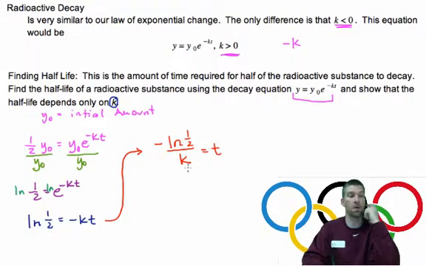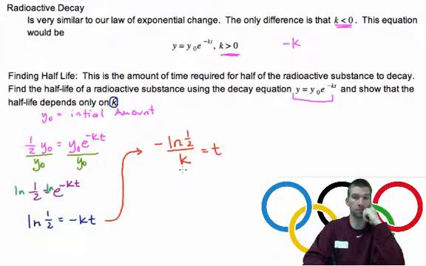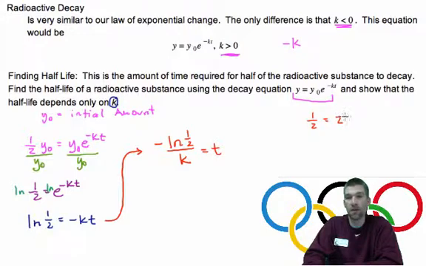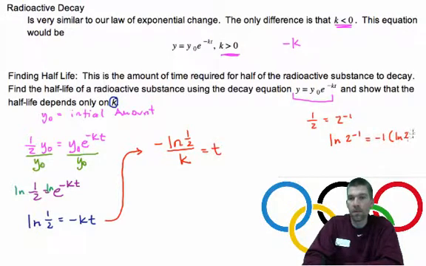That looks cool and all, but there's one more step. If I am looking at 1/2, that's the same thing as 2 to the negative 1. And if I have a logarithm where I have 2 to the negative 1, that's the same thing as taking that negative 1 and multiplying the logarithm.